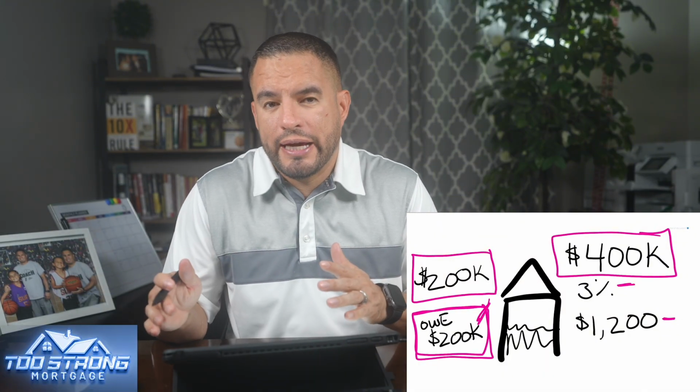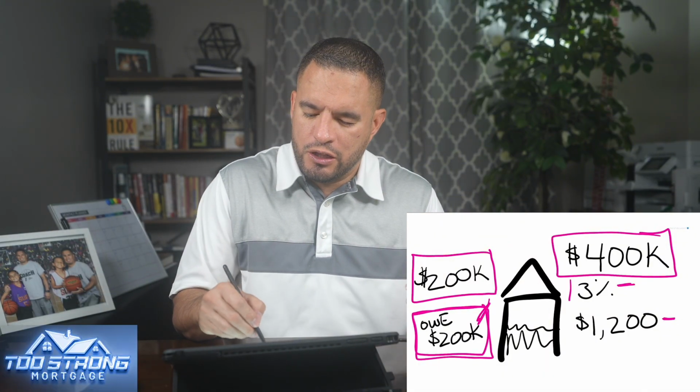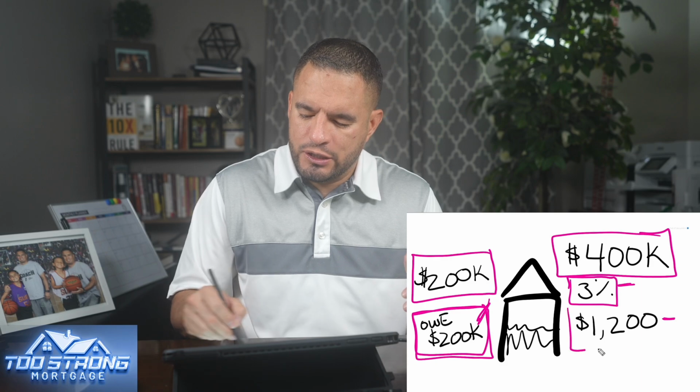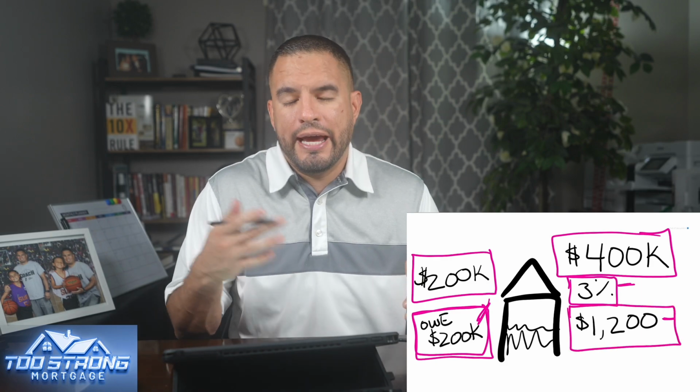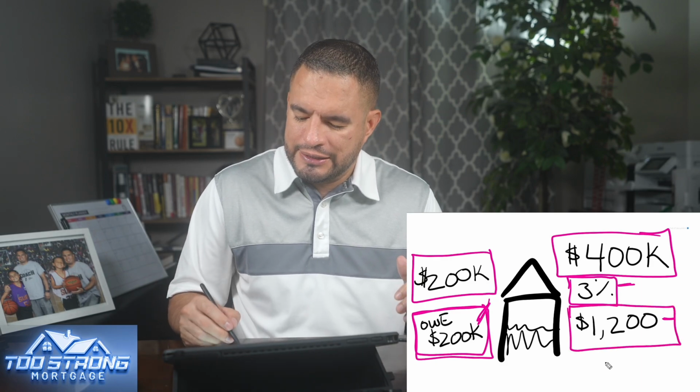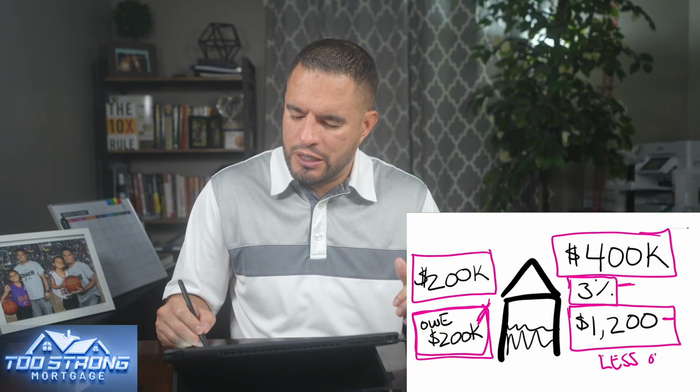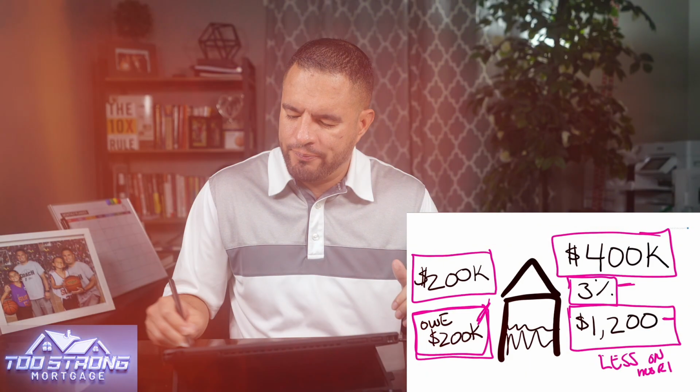What you want is a low interest rate tied to a low mortgage payment, and on top of that, probably fewer years on the mortgage. You guys get it. That's essentially the fast track for assumable mortgages.